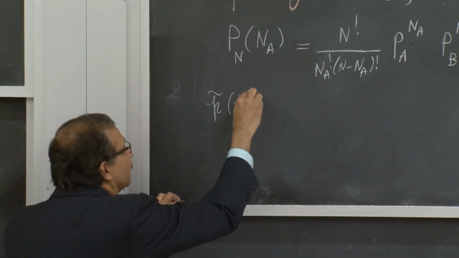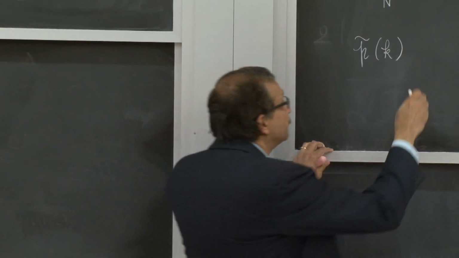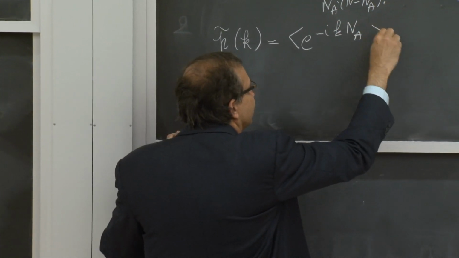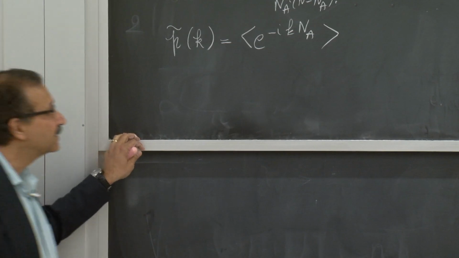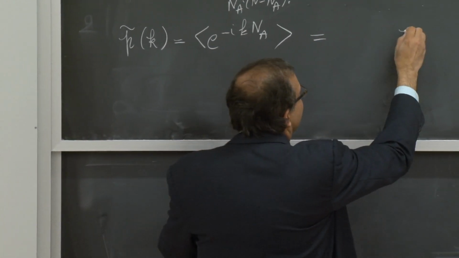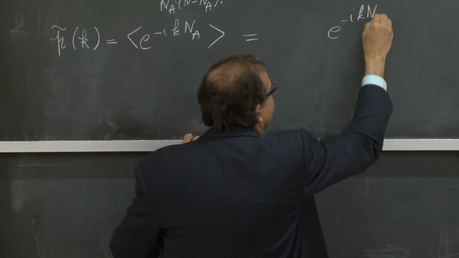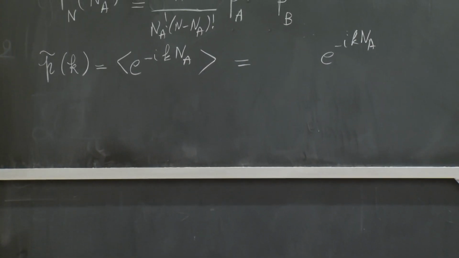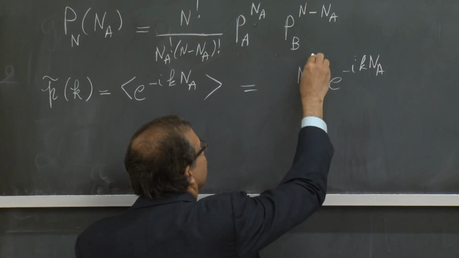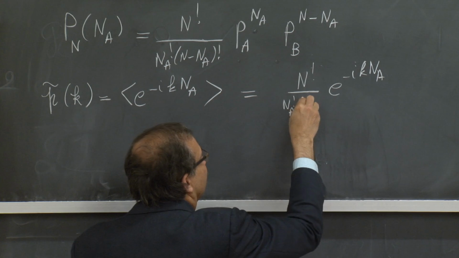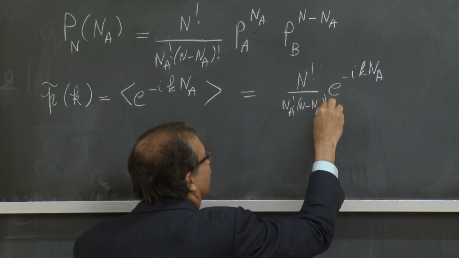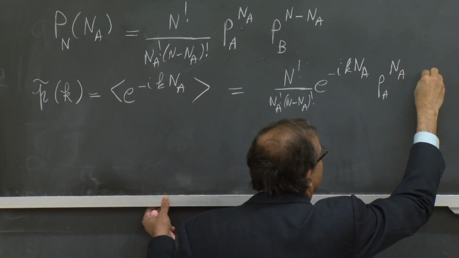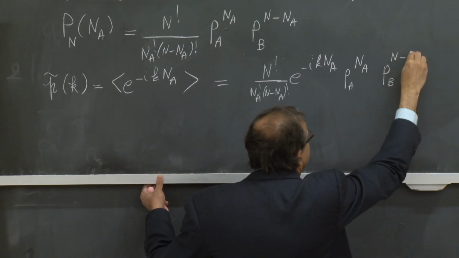So P tilde, which is now a function of k, is the expectation value of e to the minus ik NA, which means that I have to weigh e to the minus ik NA against the probability of occurrences of NA times, which is this binomial factor, PA to the power of NA, PB to the power of n minus NA.